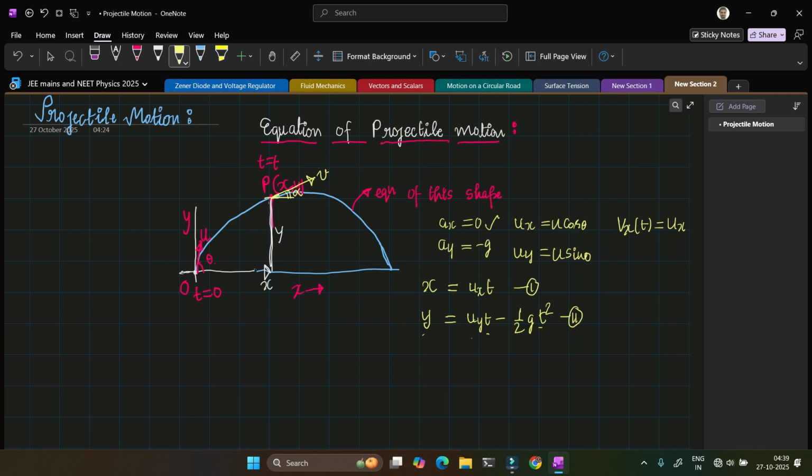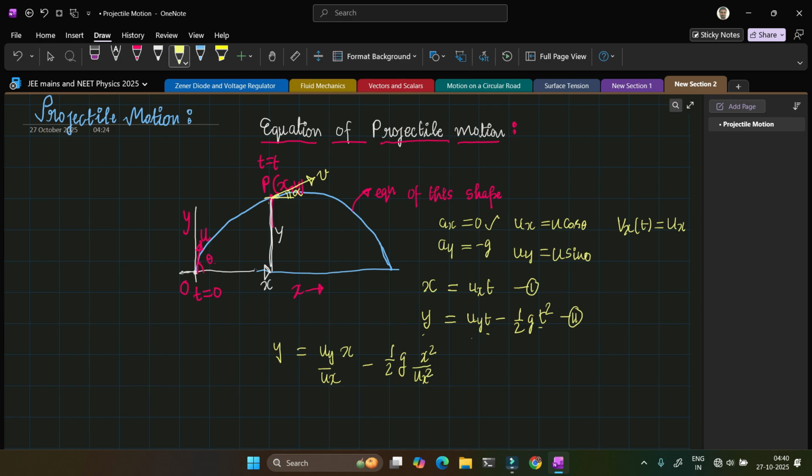So we get y equal to uy, and from equation 1 time t will be x divided by ux, minus 1 by 2 g times x square by ux square.